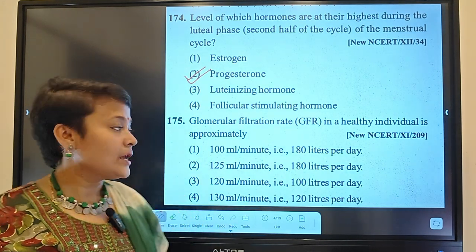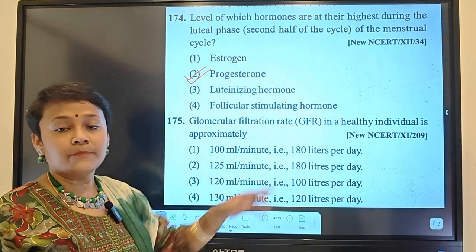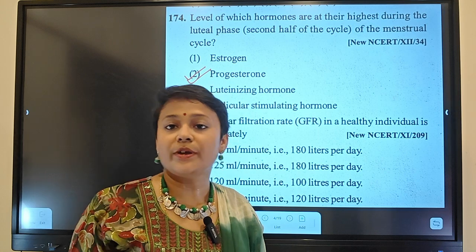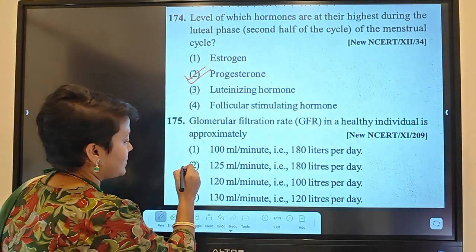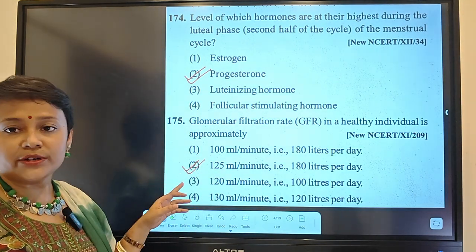That we know. So the glomerular filtration rate means how much filtrate will be produced in the glomerulus from blood by ultrafiltration. This will be very, very important data.